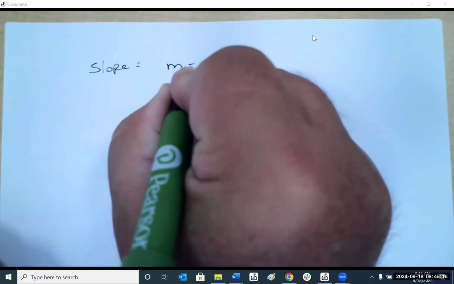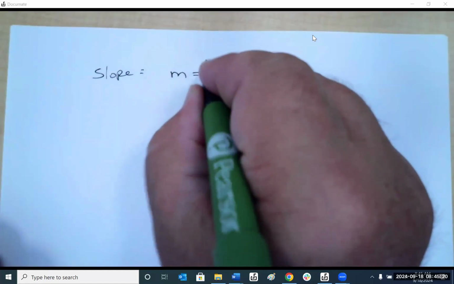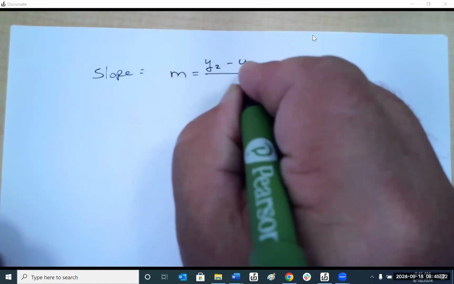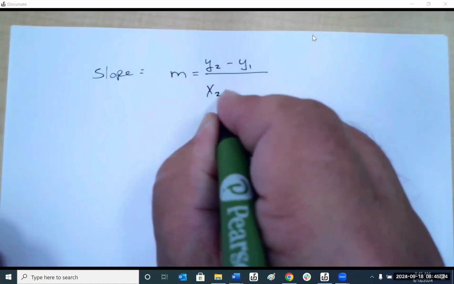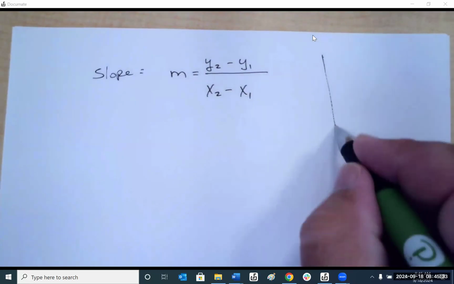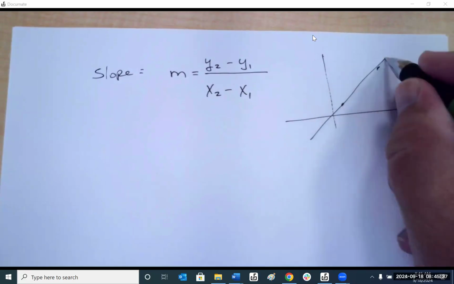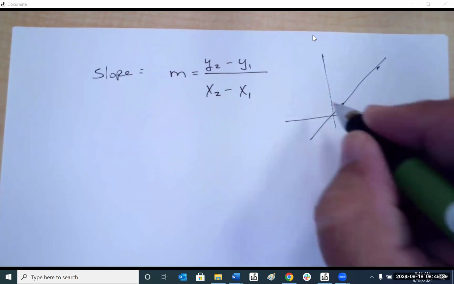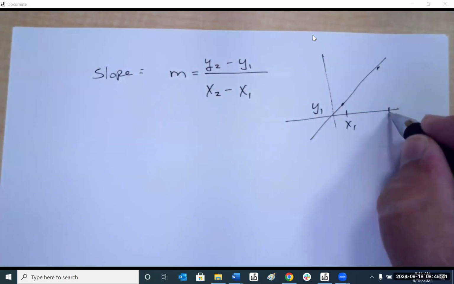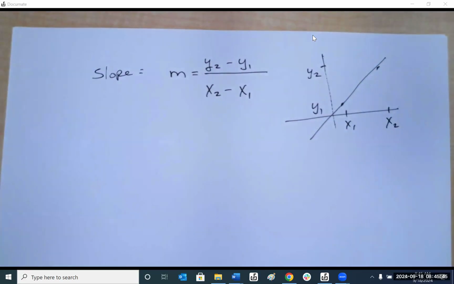It was m equals, do you remember this formula? Excellent, very good. So that's given 2 points, x1, y1, x2, y2.